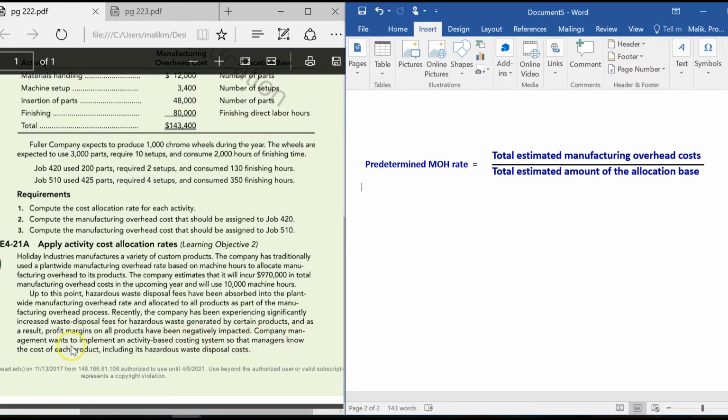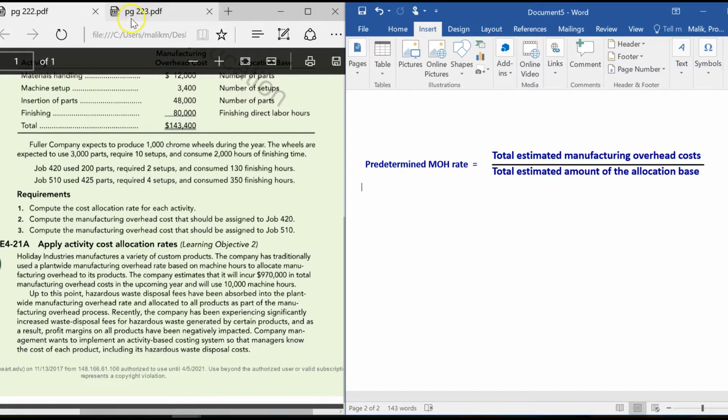So the company wants to implement an activity-based costing system so that managers know the cost of each product, including its hazardous waste disposal cost. So instead of using one plant-wide rate, now the company decides to figure out the costs for each and every activity. That means they are going to implement an ABC costing system, or an activity-based costing system.